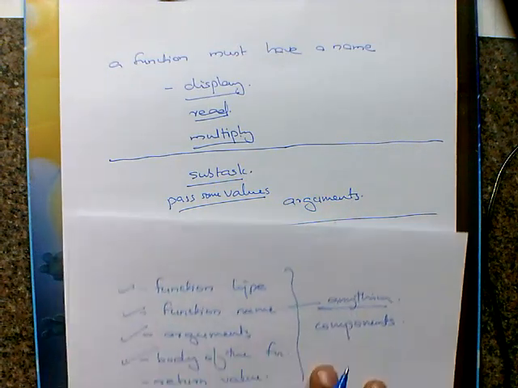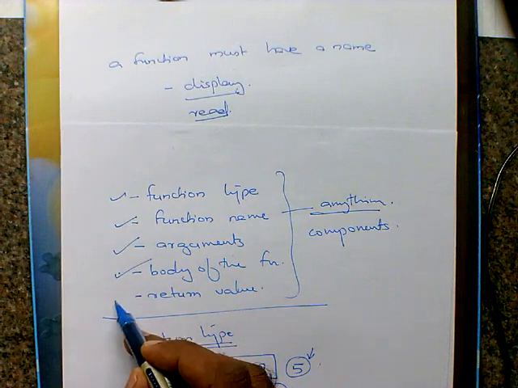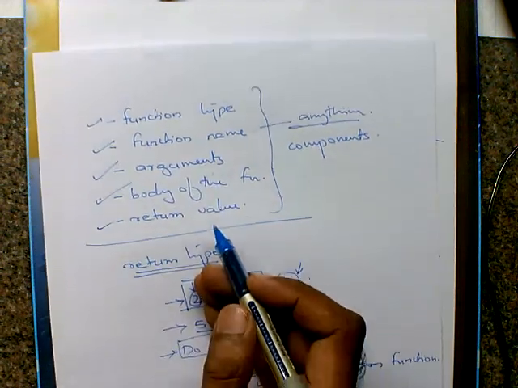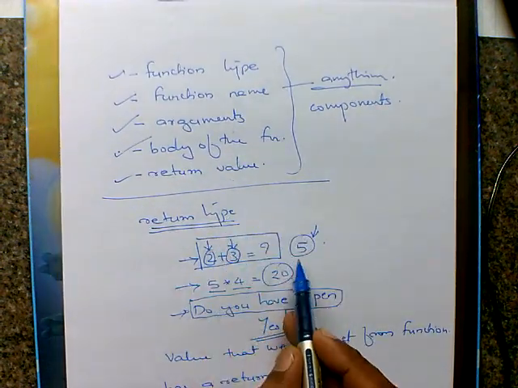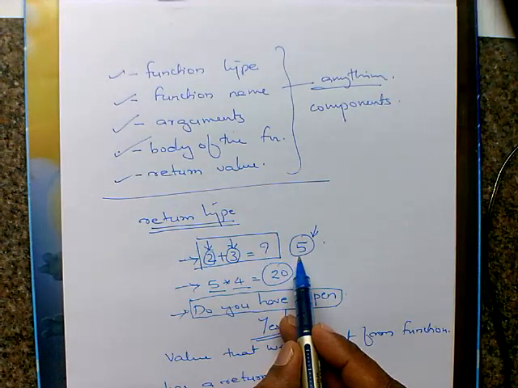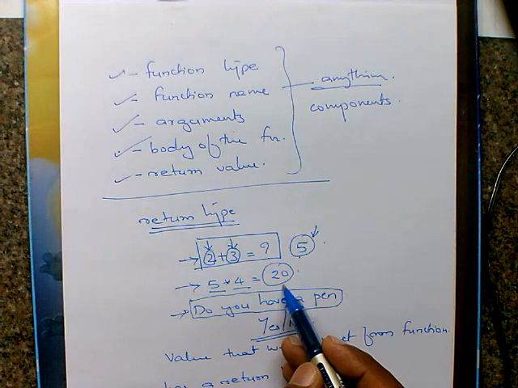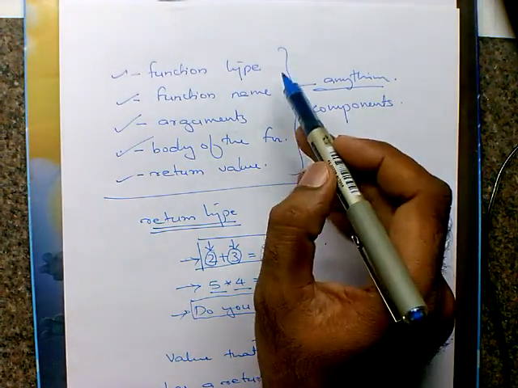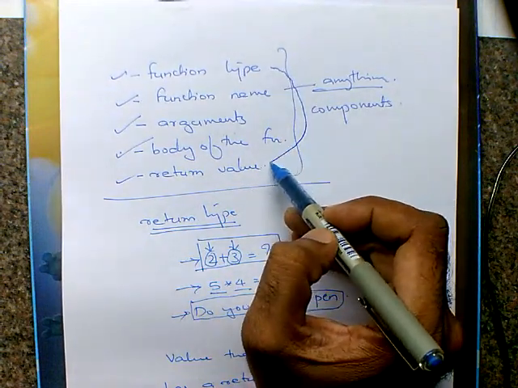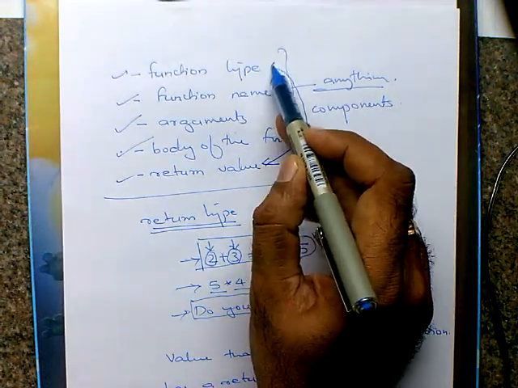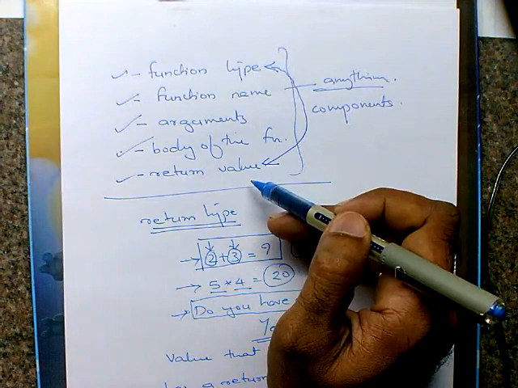And the last point is return value. What is return value? In the previous question we have seen 5 is the return value, and in the second one, 20 is the return value. Now another question may arise: what is the difference between function return type and function return value?